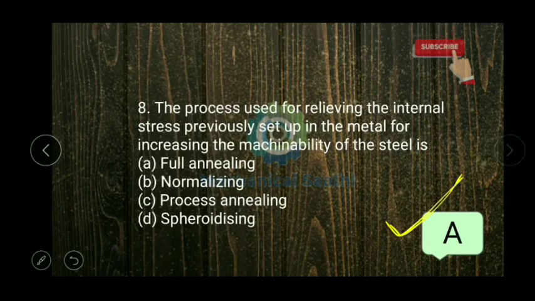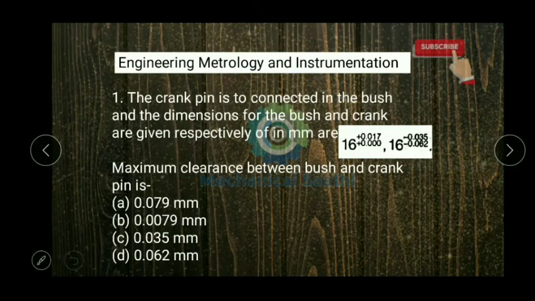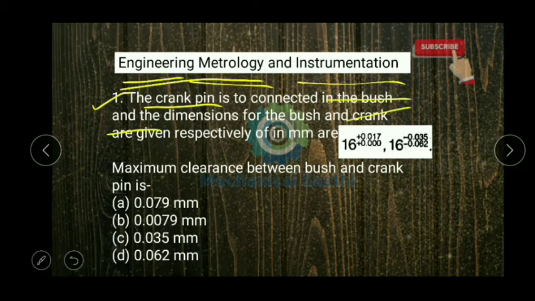Then let us discuss another chapter that we have already told you about, that is engineering metrology and instrumentation. Question number 1. Here it is telling that the crank pin is connected in a bush, and the dimensions for the bush and crank pin are given respectively.